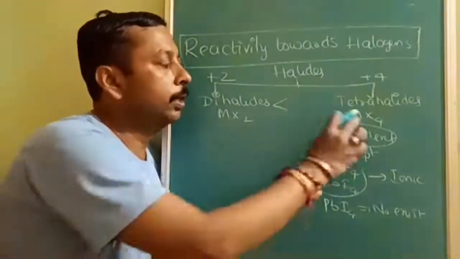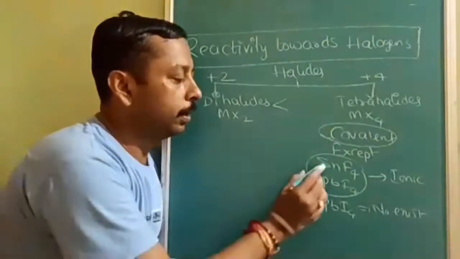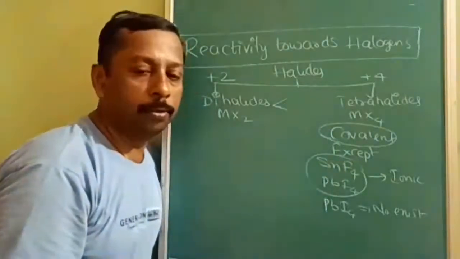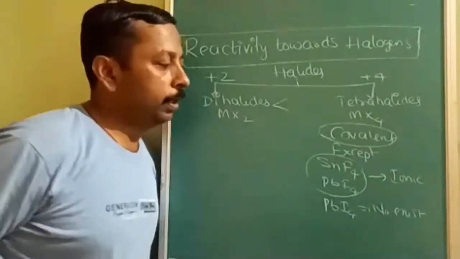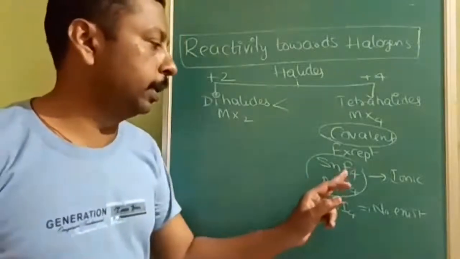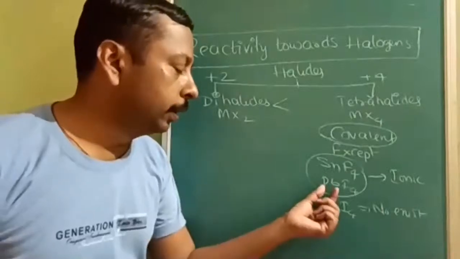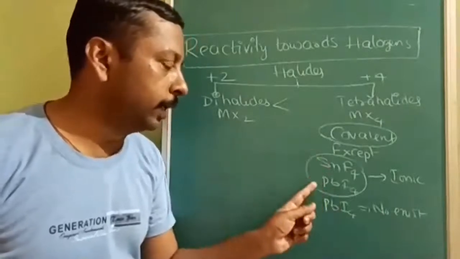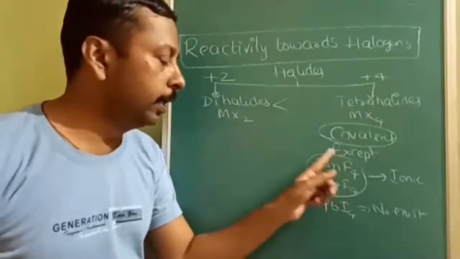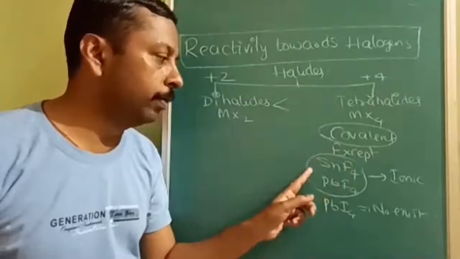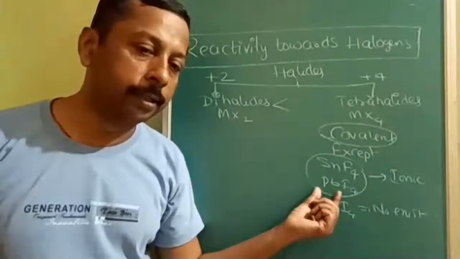Okay. So tetrahalides MX4 are covalent in nature except tin and lead. Why down the group? Okay, that also I will explain. So PbF4, SnF4 are ionic. Okay, so why is it? Because see, down the group size increases, polarizing power is decreasing. Why are lead and tin not able to form covalent compounds? Because of the higher atomic size, ionic nature increases.